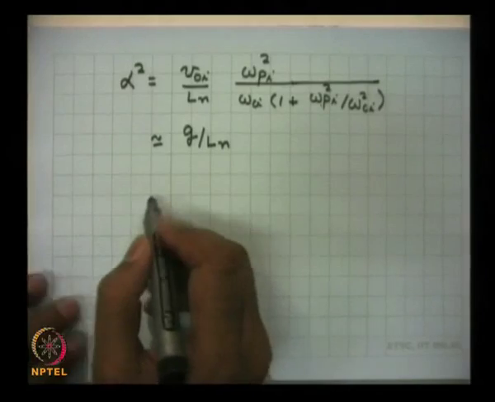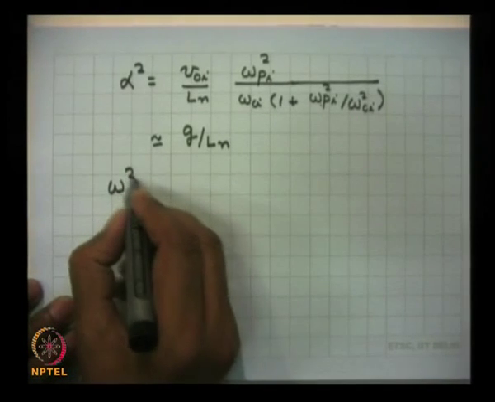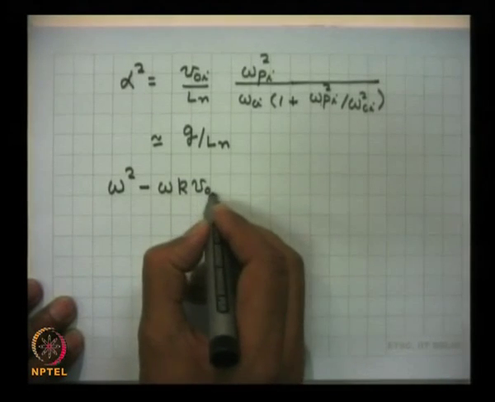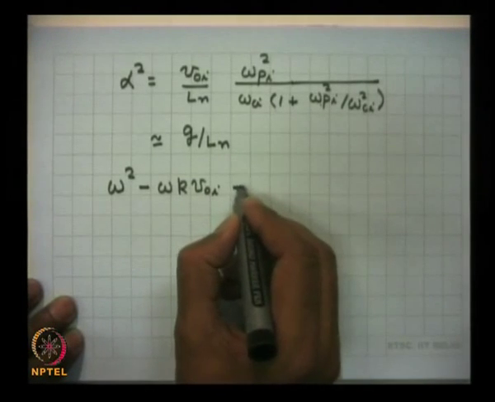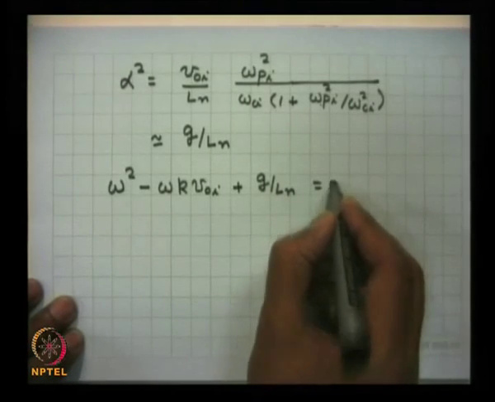So, please note the way the dispersion relation becomes: omega squared minus omega kV0I plus g upon Ln equal to 0.